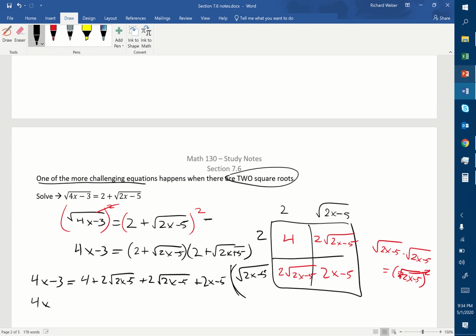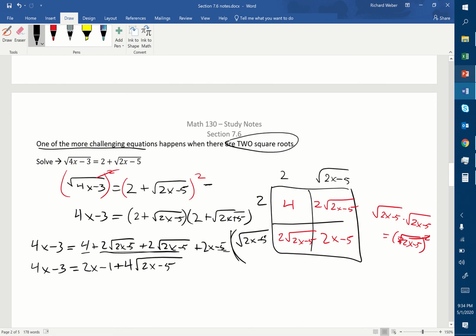So 4x minus 3, what I'm going to do is clean up the right-hand side, okay? So, for instance, I'll bring the 2x in front, and I'll put the 4 minus 5 and write down minus 1. And then these two square roots plus 2 more means I've got plus 4 square root of 2x minus 5. Okay?